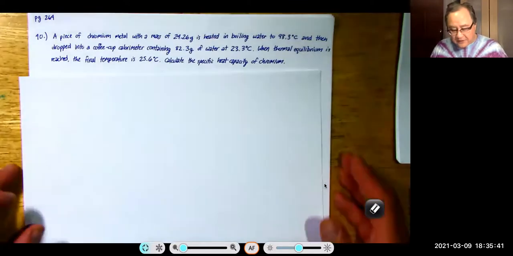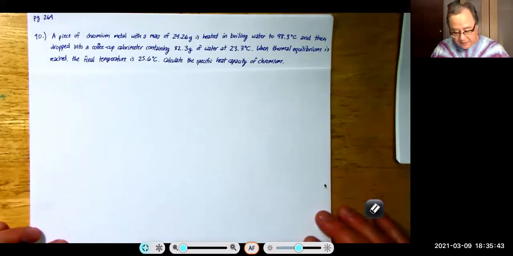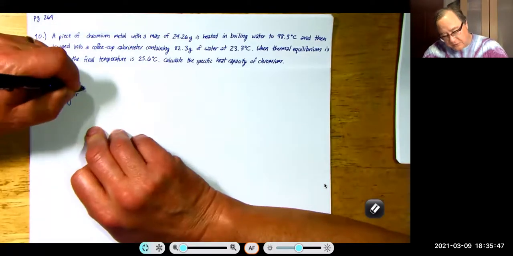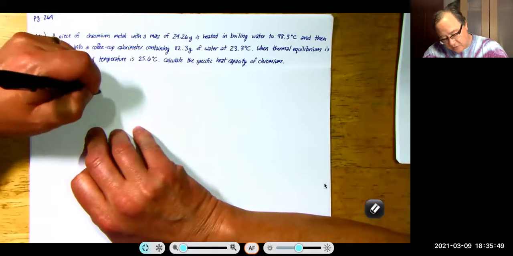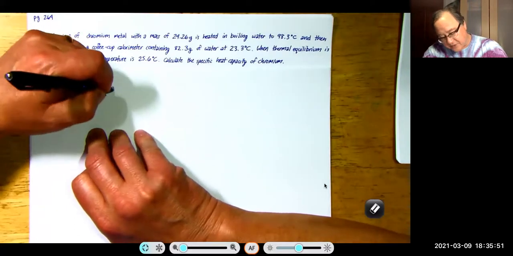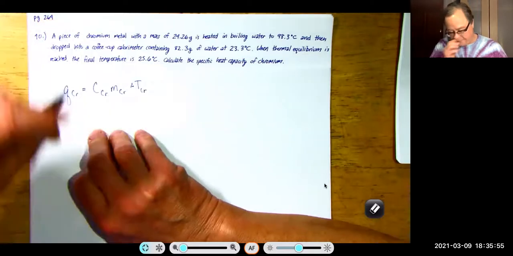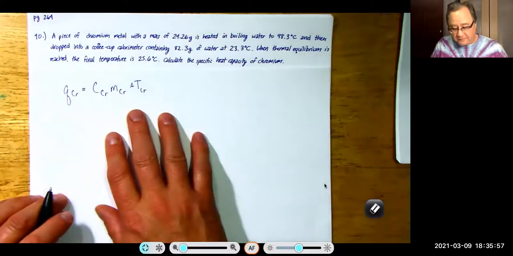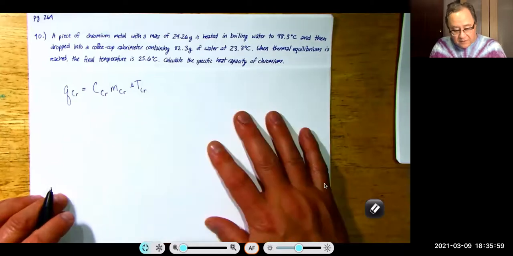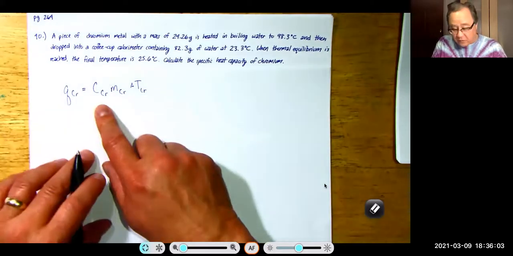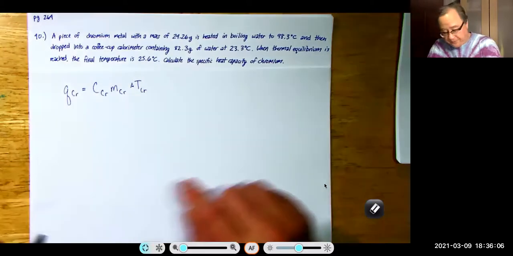In both cases, we're having a change in temp. So we would say the Q of the chromium is equal to the specific heat capacity of the chromium times the mass of the chromium times the change in temp of the chromium. Now, we're given most of this information, but not the specific heat capacity of chromium. That's what we want.